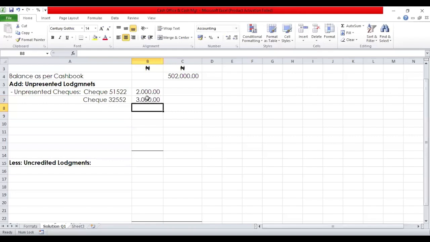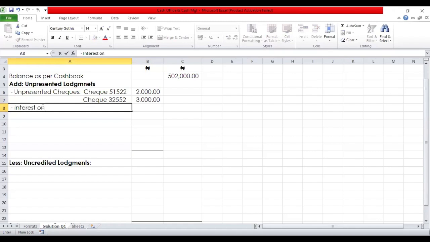What else again? Interest on investment. How much is that? 1,000.